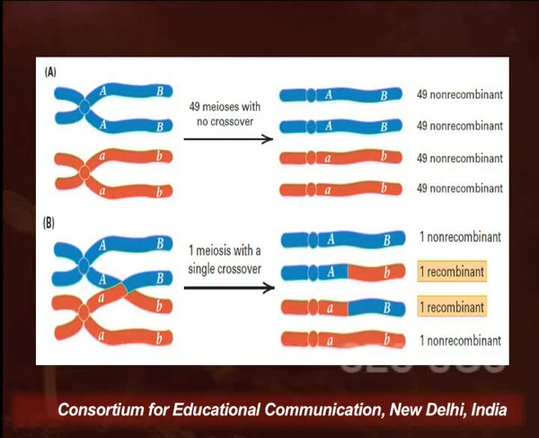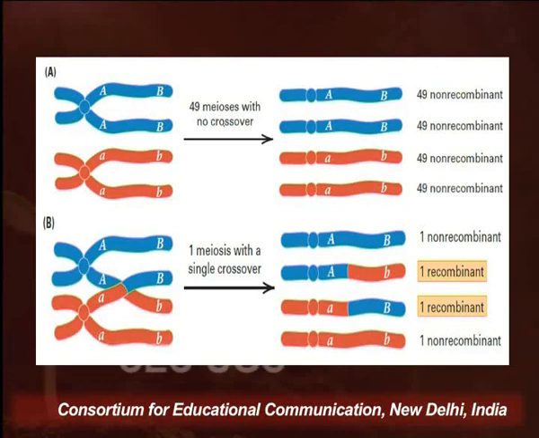This is a situation where there are 50 meiotic divisions. One thing is very clear: 50 meiotic divisions would give rise to 200 meiospores, and out of these it has been found that 49 meioses have shown no crossover. Only one of the meioses has shown a crossover.